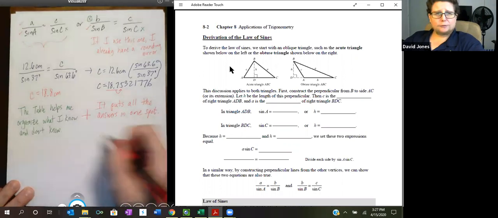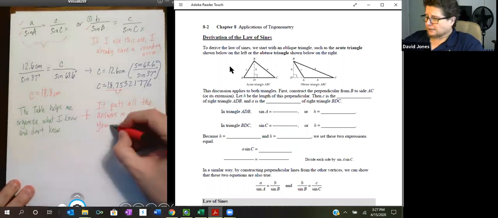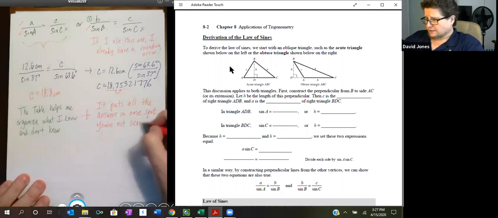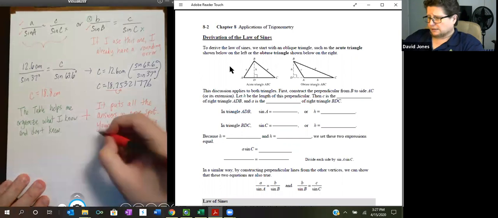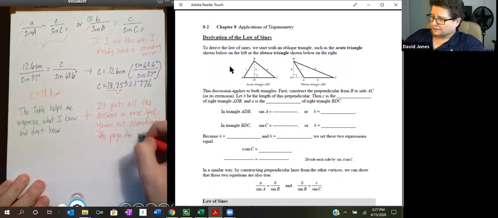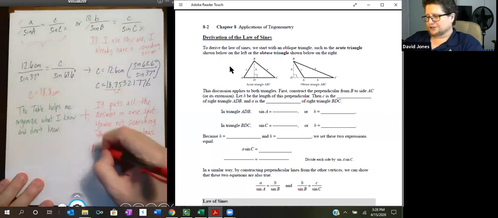This is good for a couple reasons. You're not searching the page for missing data. And guess who else isn't? Neither is your teacher.